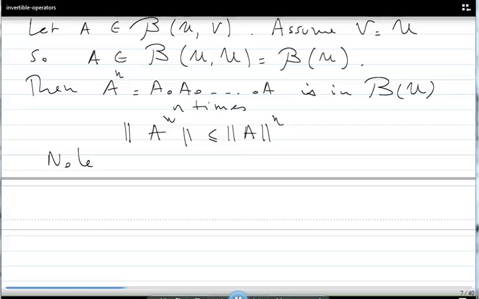Note that we'll always take A to the power 0 to be the identity I of U from now on, and its norm is equal to 1, so there is absolutely no confusion.